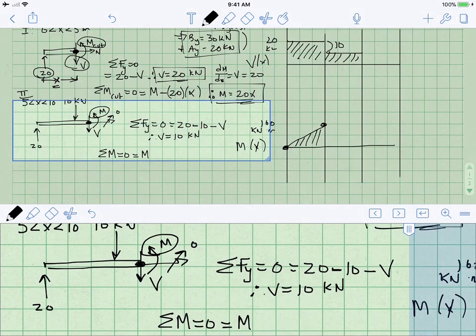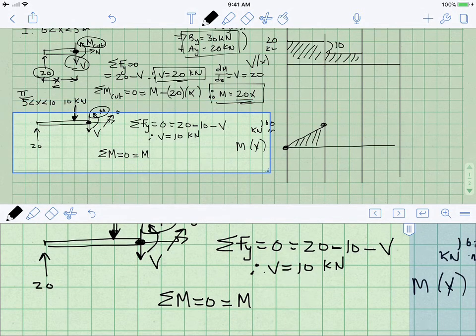Now we have to think about the moments caused by the 10 kilonewton force. So let's set up our number line here. We have cut it at a value of x. This is a value of 5. It's a value of exactly 5 to that load right there.